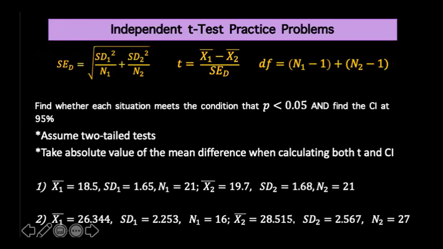So I would recommend attempting the practice problems before you use an attempt on the quiz, just so you don't waste it, okay? But you'll have to calculate or see if the conditions are significant, with the p-value greater than or less than 0.05, right? And then you're also going to calculate the confidence intervals that would represent where the true mean difference would be located. Okay.